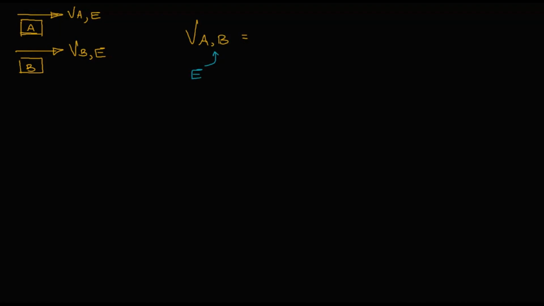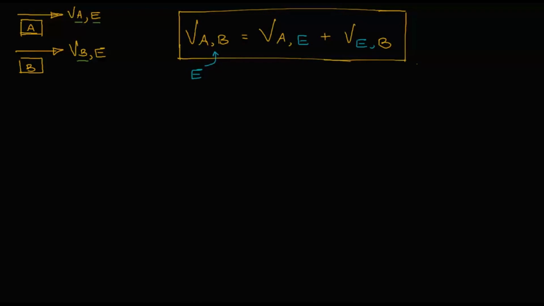Usually three objects are involved: two objects and a common reference frame. So if I insert the letter E in between, I would get VAE, the velocity of A with respect to E, and then VEB, the velocity of Earth with respect to B. This is the standard equation that we will use to find the relative velocity of one object with respect to the other.